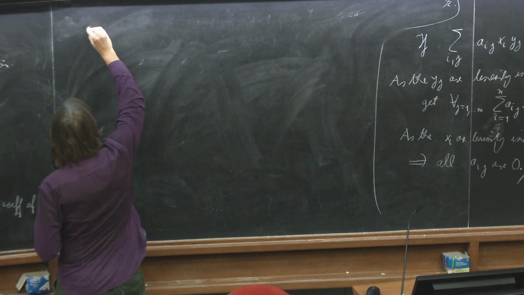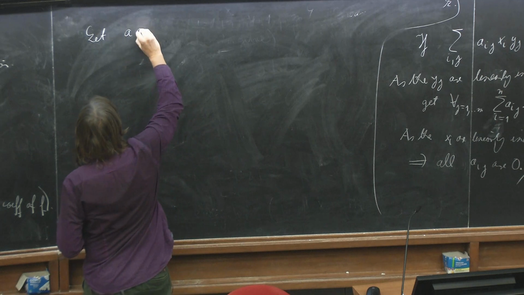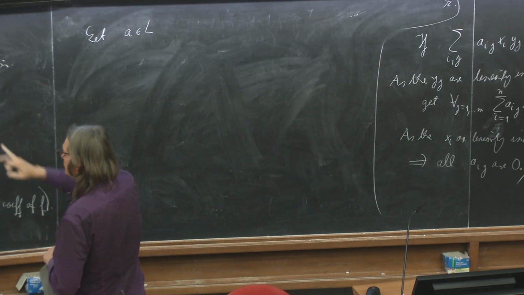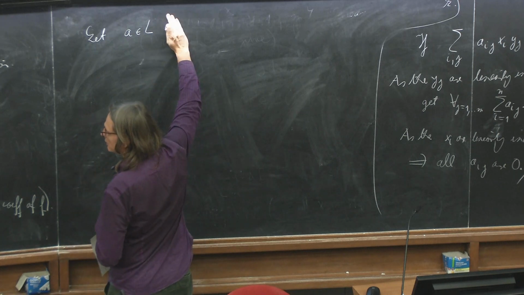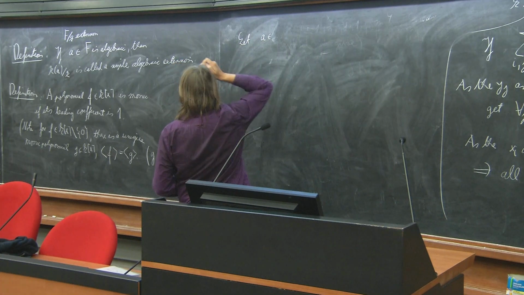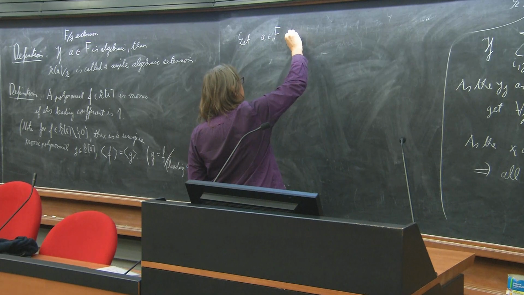Namely, let A in L, so L over K, here we had F. So F over K was a field extension, A was an element in F, so let A in F be algebraic over K.